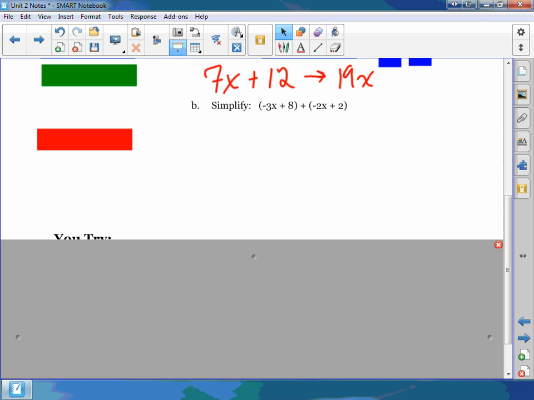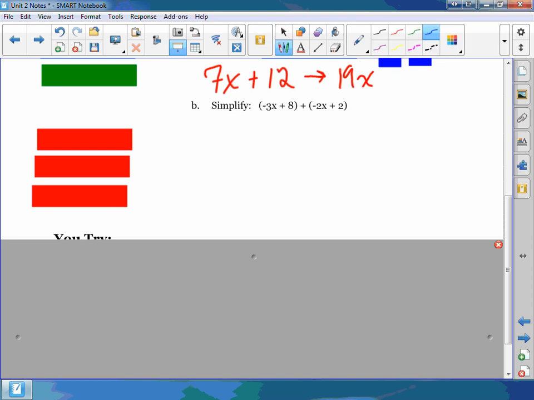So if it says negative 3x, guys, I'm talking about 3 of these red bars. Negative x, negative x, negative x. That's negative 3x. I add on 8 blue tiles. Now, I'm not going to actually draw them all, but you guys can work with me on this. Plus 8 blue. Then it says plus a negative 2x.